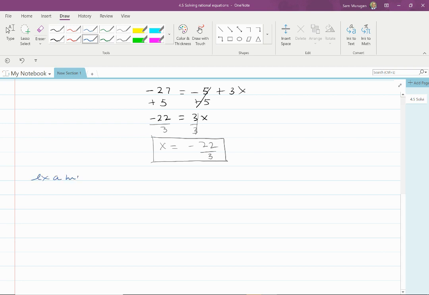Example, 10 over x minus 7 over 10 equal to negative 1 over x. So LCD is equal to 10x, and again, x cannot equal 0. So we're going to follow the process here and multiply everything by 10x.